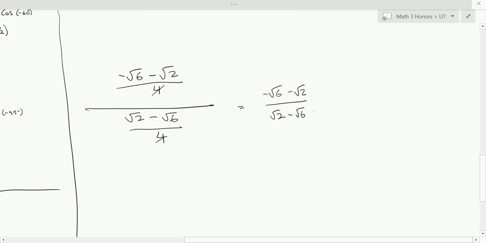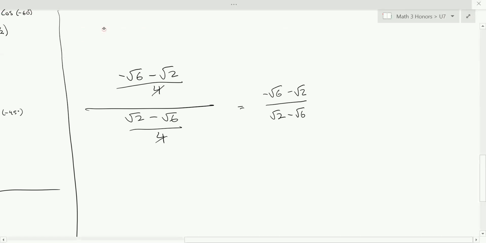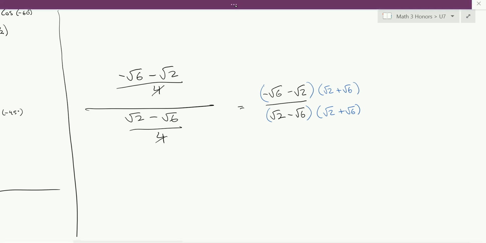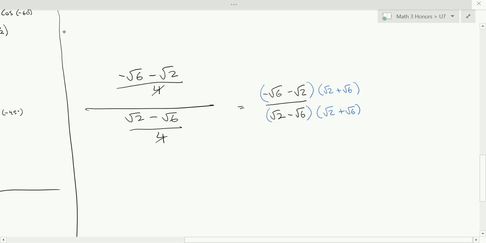Next step, conjugate. And distribute and see if you can make it look like the answer for tangent.